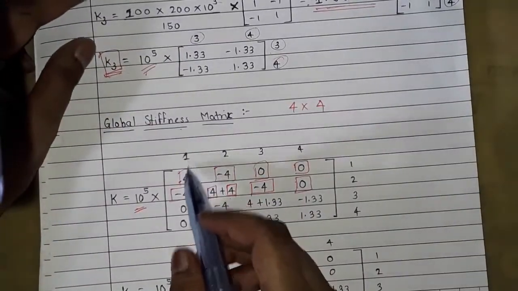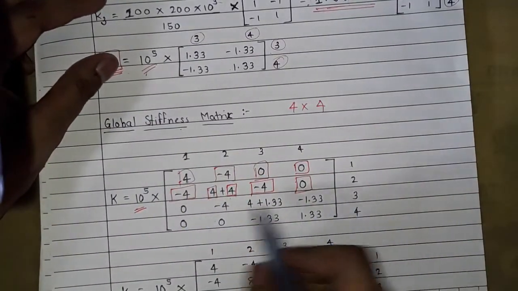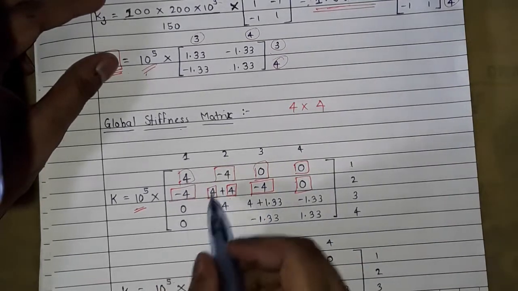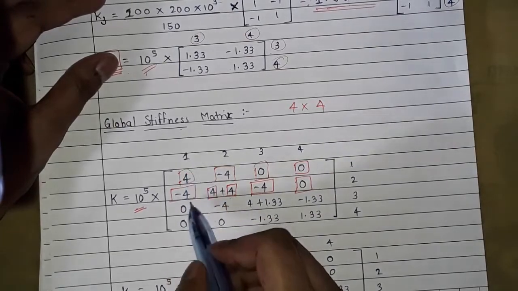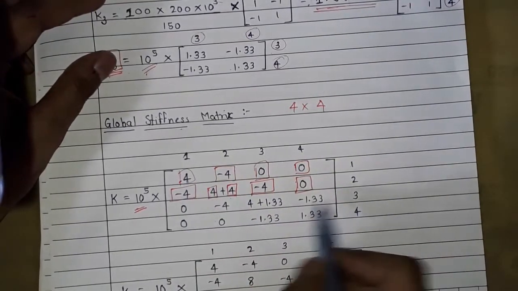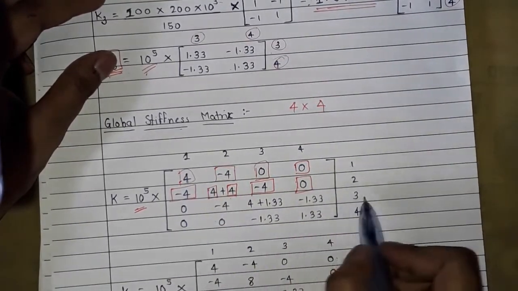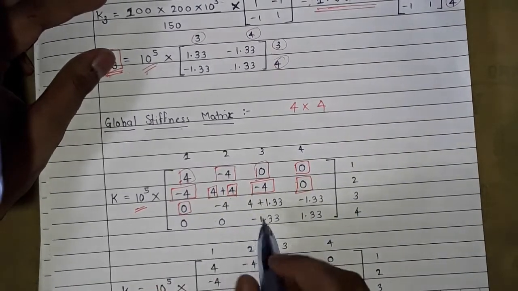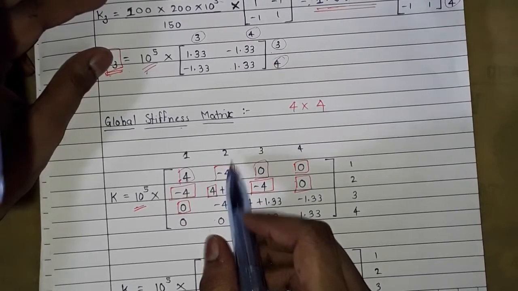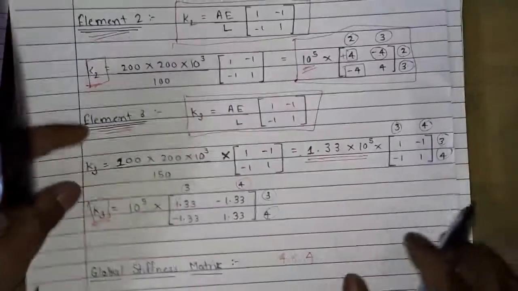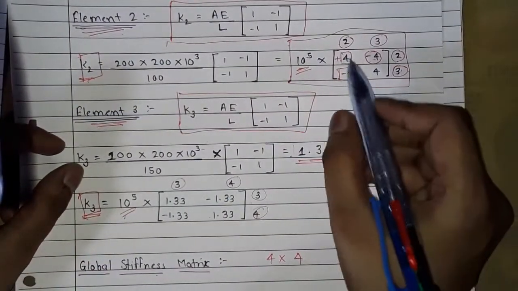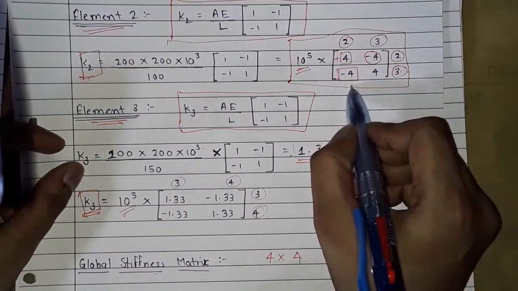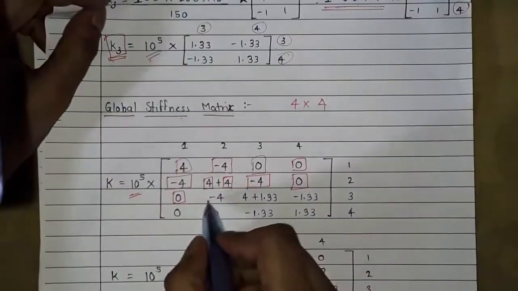Similarly for first column and third row, there is no first column and third row in any matrix, so the value will be 0. And now for second column and third row, friends, in the K2 we get the value -4, so here -4.